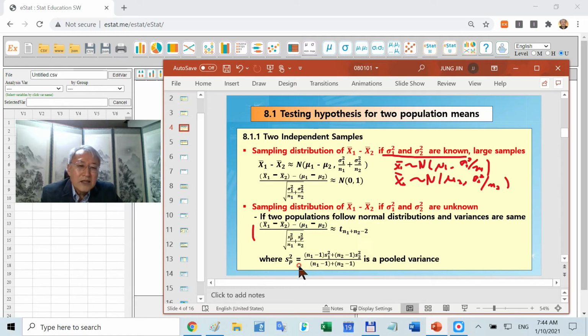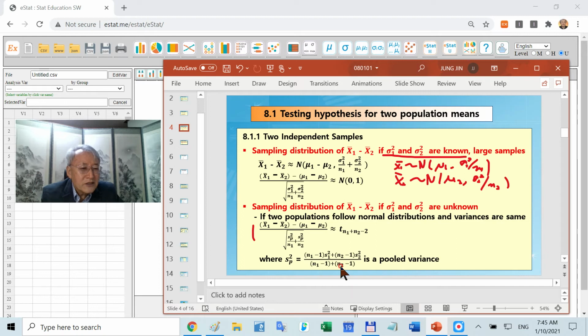Well, what is Sp square? We call it the pooled variance. This is a mathematical formula. Can you guess what it looks like? Since the sample size of population 1, n1, is different from the sample size of n2, it looks like a weighted average. N1 minus 1 and n2 minus 1 are also used to calculate the sample variance, therefore we use these as weights.